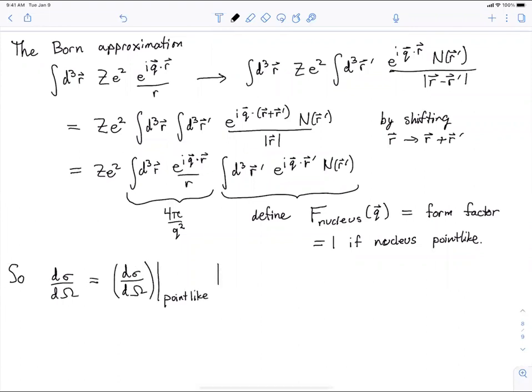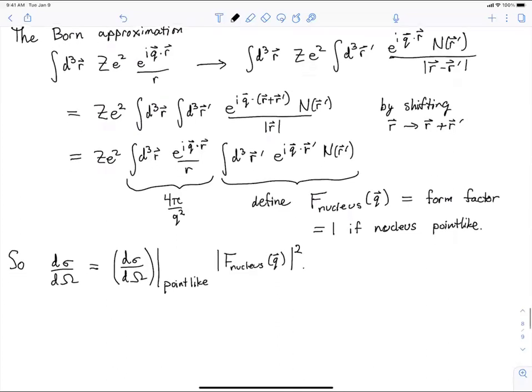And then there's the extra factor, which is the form factor of the nucleus as a function of q squared, because I square the scattering amplitude from the Born approximation to get the differential cross-section.